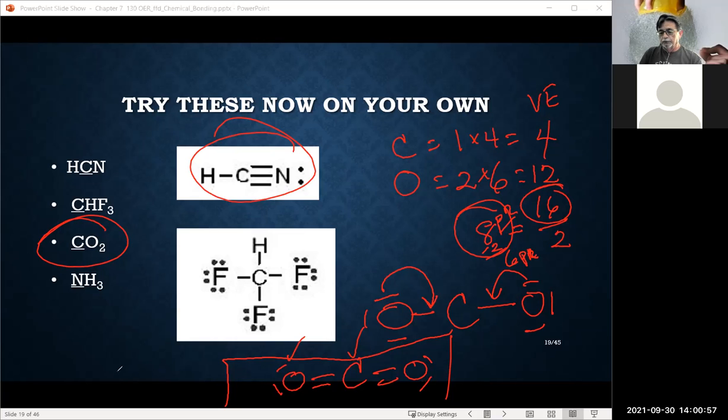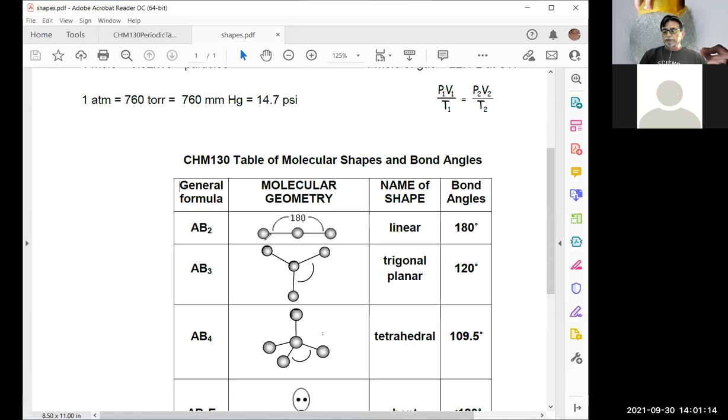And our general formula would be AB2. And so we go to the shapes table. We look for AB2, and just like the first example, there's a general formula, the first entry. There's a picture of the geometry, and its name is called linear.